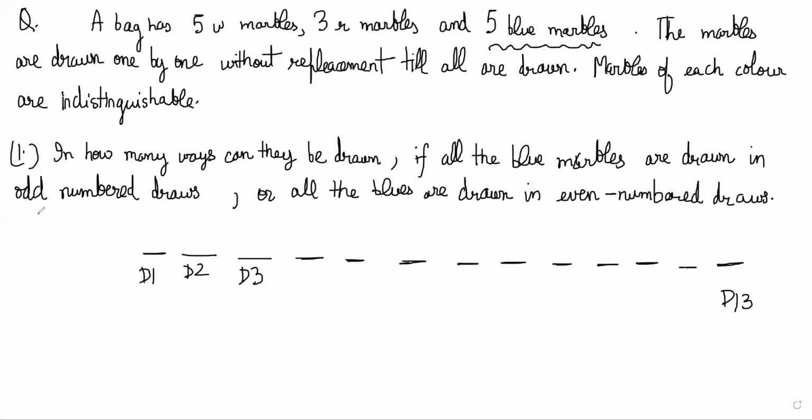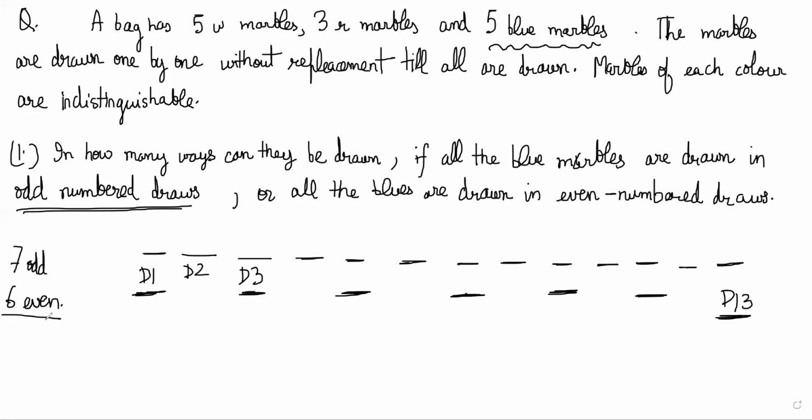Let's first focus on the odd numbered draws only. They have to come on these spots. There are 7 odd numbered draws and 6 even draws, right?